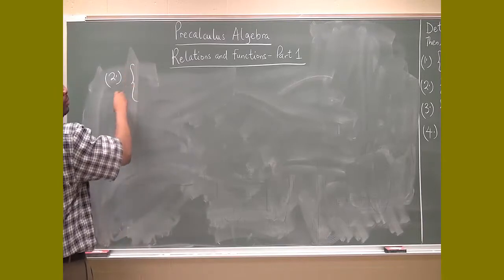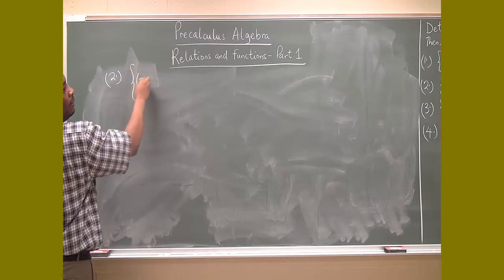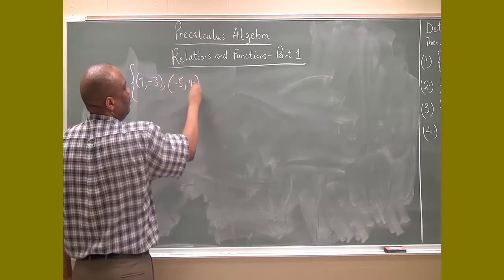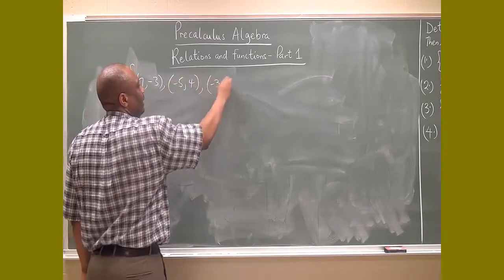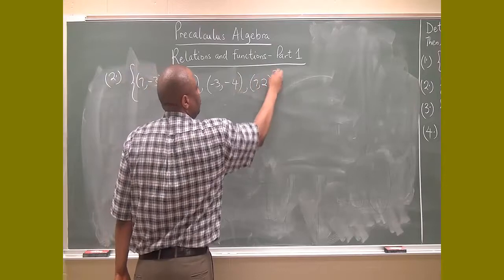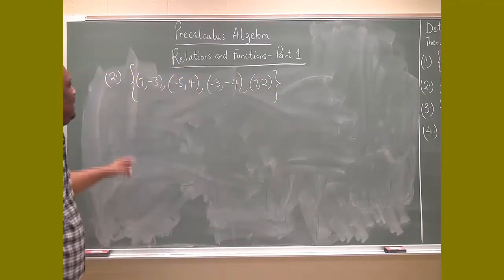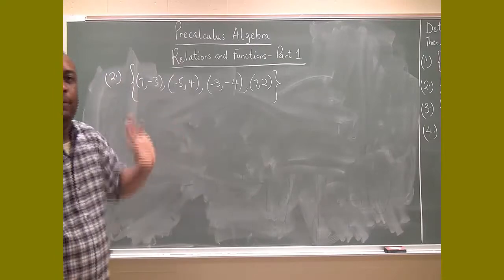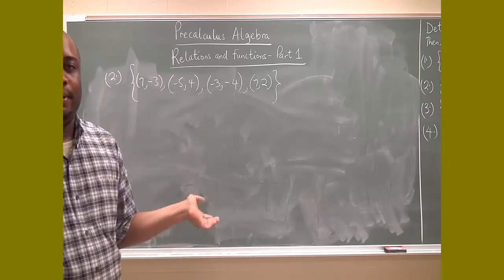Here, question 2, we have (7, -3), (-5, 4), (-3, -4), (7, 2). Okay, if you look at this now, you see that this is a relation. Why? Because it's a set of ordered pairs.